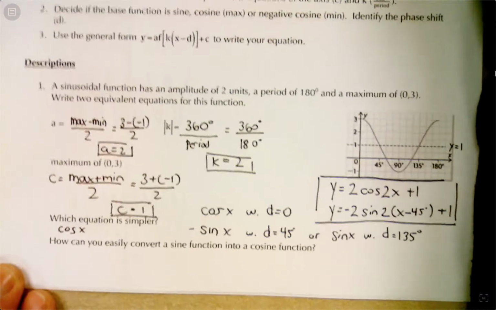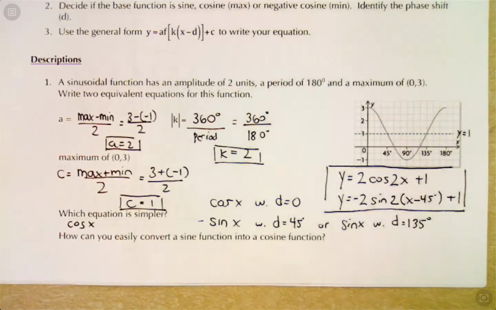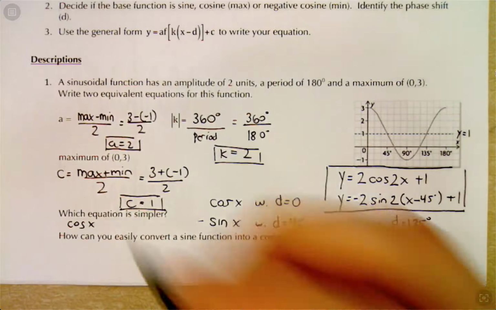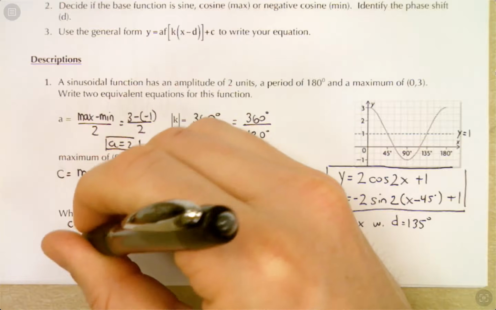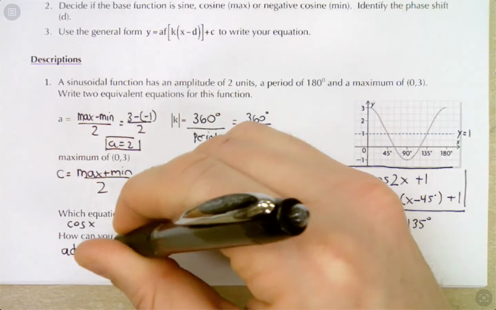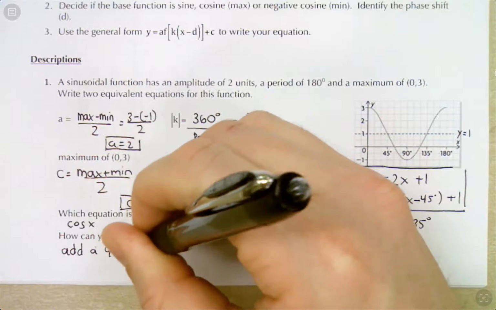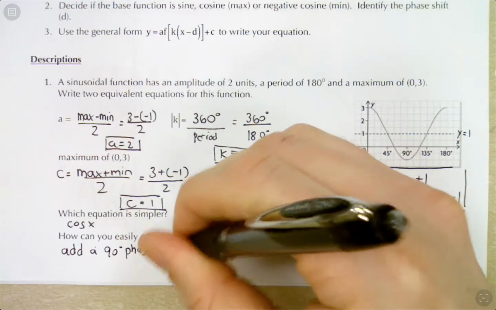So if you want to take your cosine function and convert it to a sine function, we would add a 90-degree phase shift.